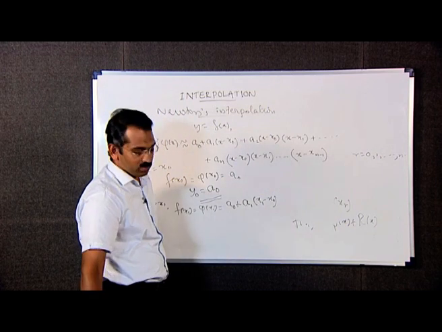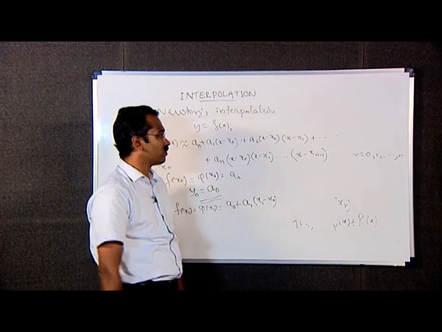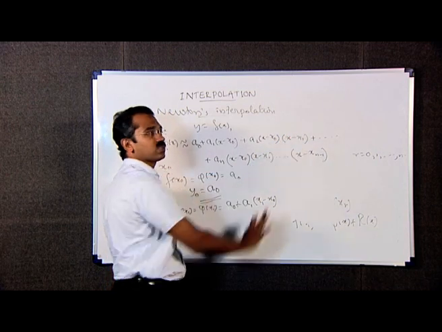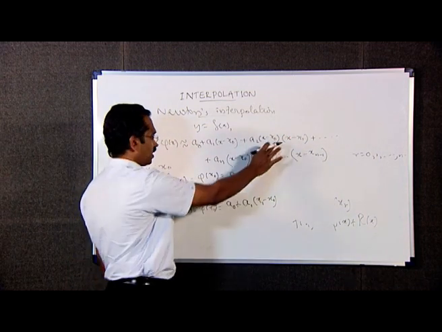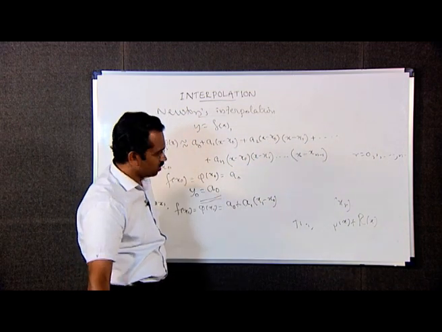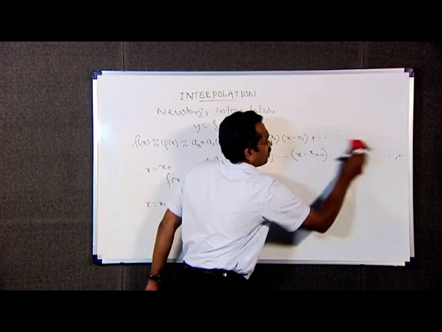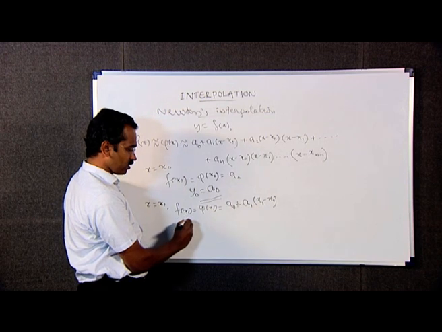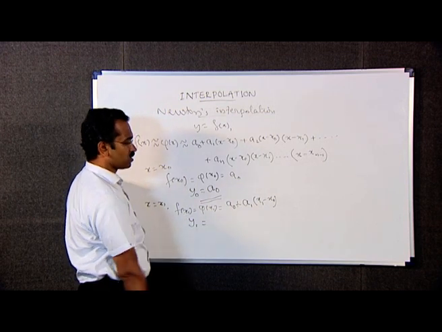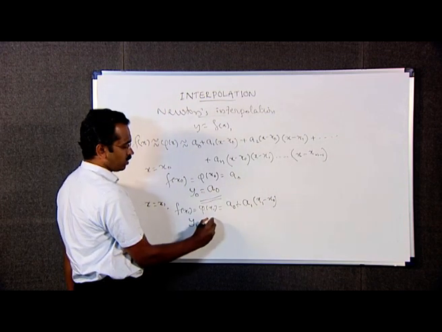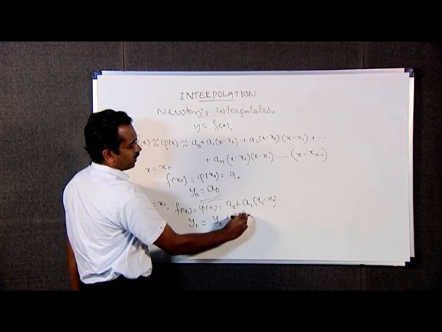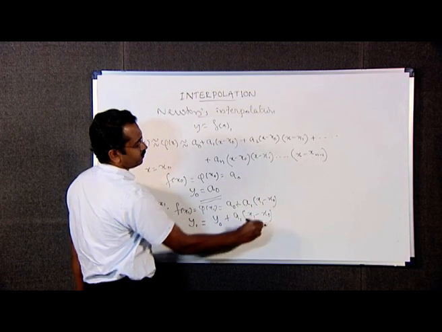The remaining terms are 0 because all the terms contain x minus x1. That is, f of x1 means y1, which is equal to y naught plus a1 into x1 minus x naught.